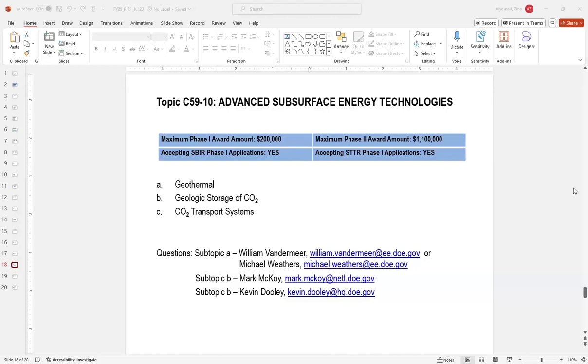That being said, if there is a way to remotely sense some of the expected geochemistry, which would ultimately lead to being able to predict some of the scaling issues that might occur, I don't see a direct path there necessarily, but if there is a path to getting all the way to the tail end of the process, please send me an email at william.vandermeer@ee.doe.gov.